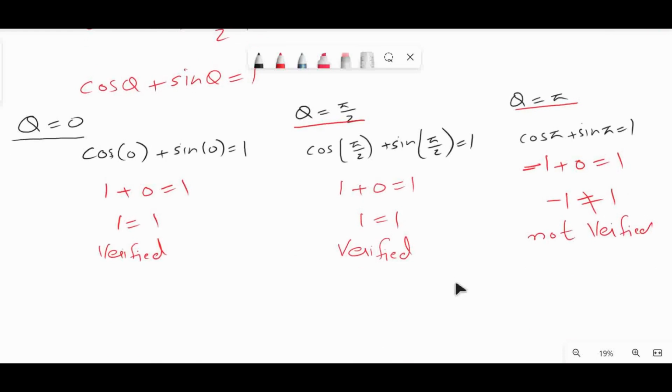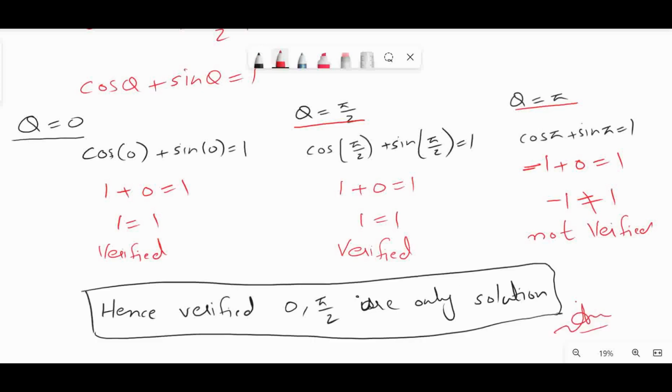So we can say our final answer: hence verified or proved that 0 and pi by 2 are the only solutions. So this will be the final answer.